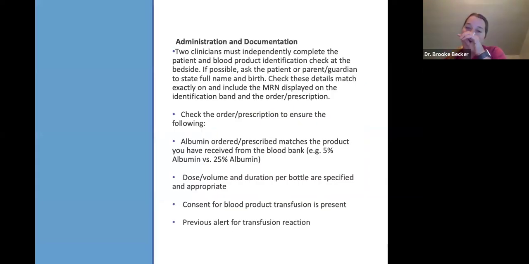Good. Albumin is considered a blood product, so you have to have your 2-person check. You have to do all your dosage checks with 2 people. When you're setting up your pump, you have to do that with 2 people.